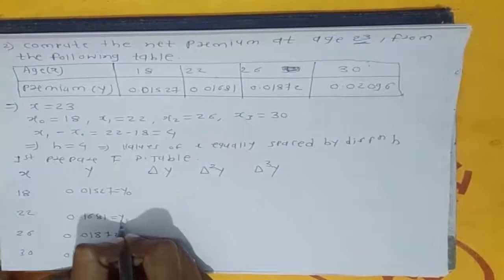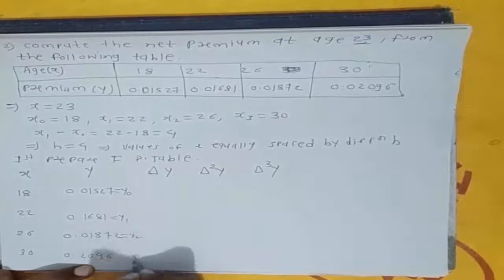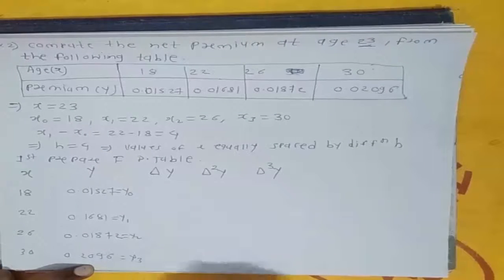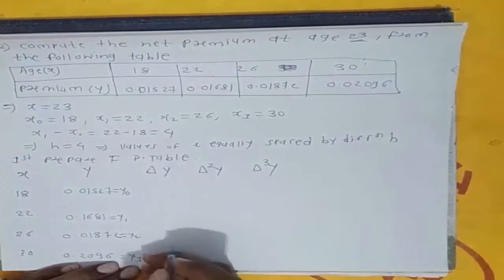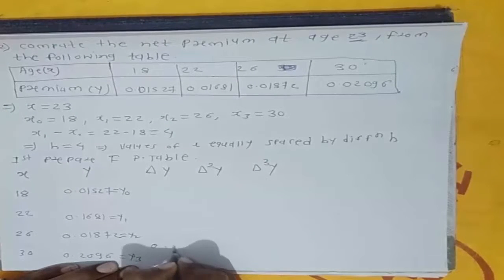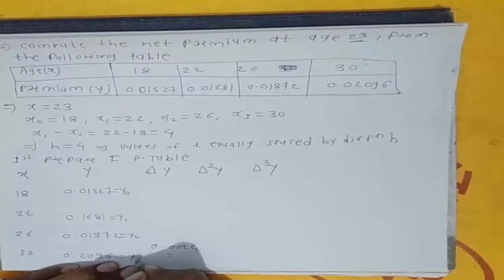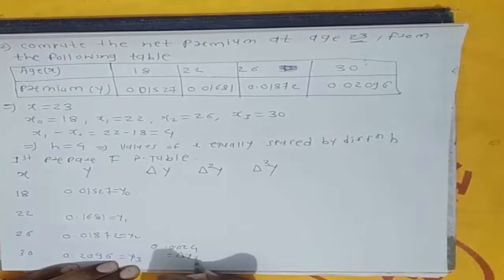Okay, so if we find y3 minus y2 first, this difference will be 0.0024. That is delta y2.